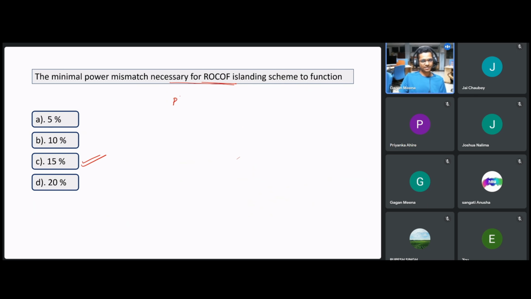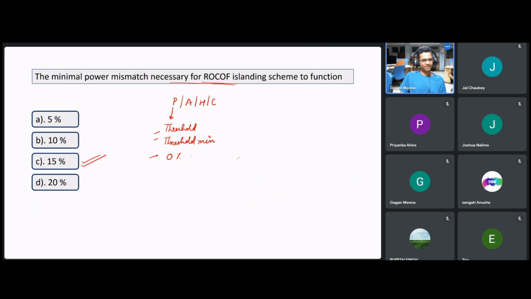So when we were discussing the different techniques, passive, active, hybrid, and communication, we saw that one of the major demerits of these passive techniques is the design of threshold, and also they need a minimum threshold to operate.